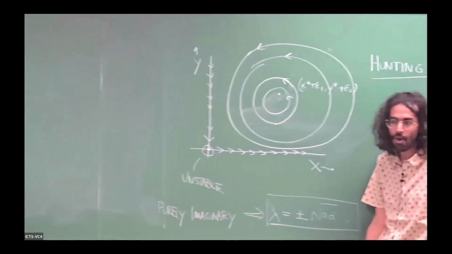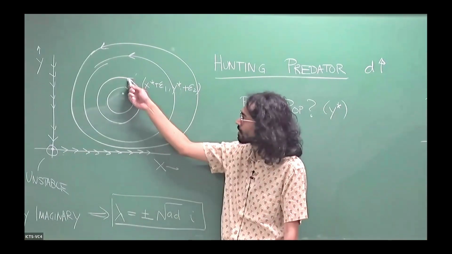You do a perturbation, it just makes one... Yeah, great. If you're on some orbit and there's some noise, so something becomes larger or smaller, you can just go and sit on another orbit, right? And so what that means is that these oscillations don't have any characteristic time period or amplitude, right?